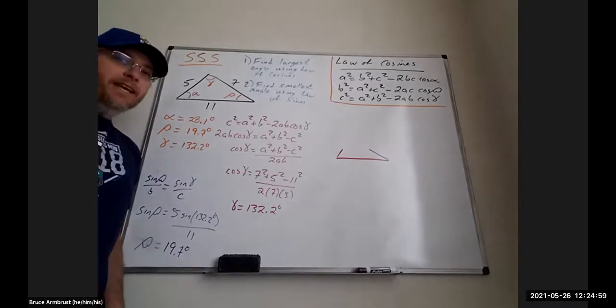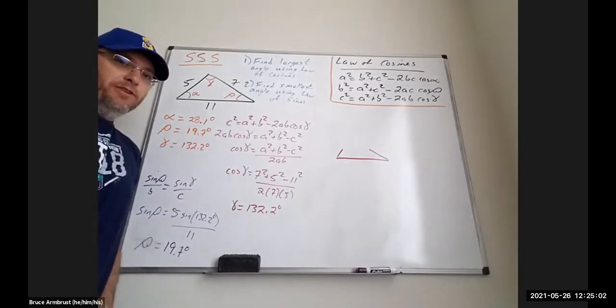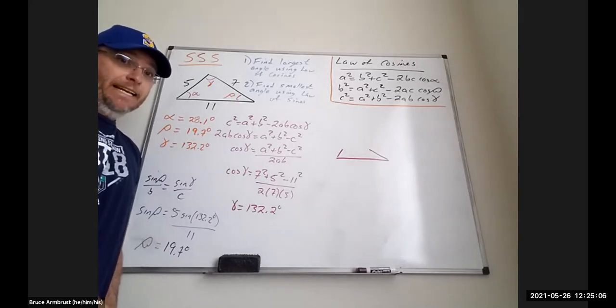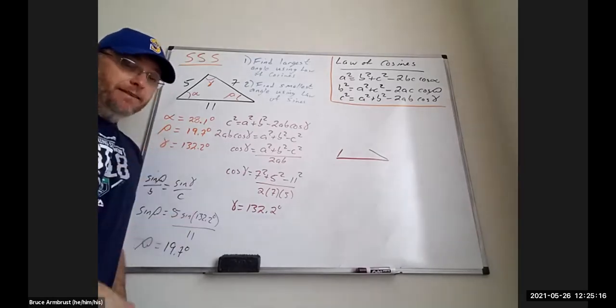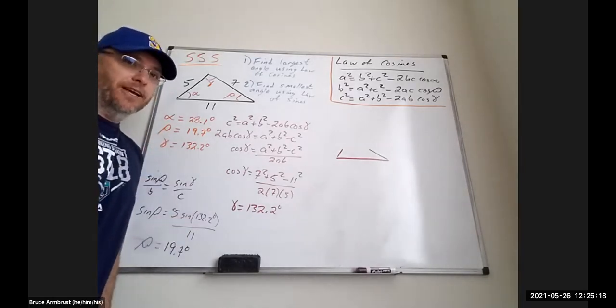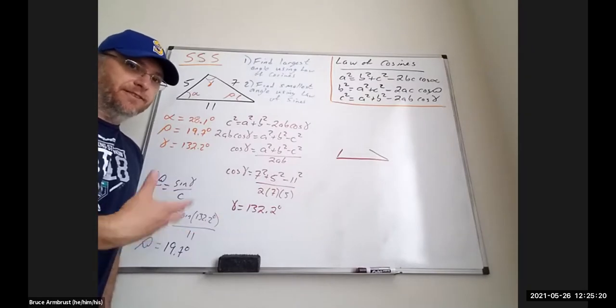All right, well, hey, you guys now have all the tools you need to solve any triangle. Any of them. It doesn't matter. You can use law of sines and law of cosines, and you're going to be good to go. And in fact, remember how when we were doing the right triangle stuff and we saw that you could do different things using the trig functions?